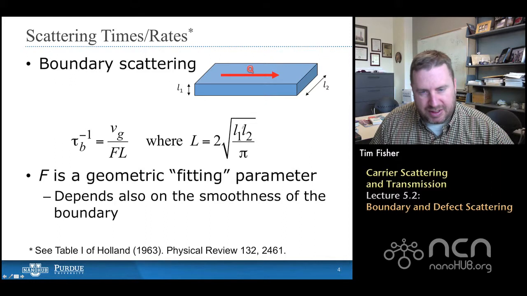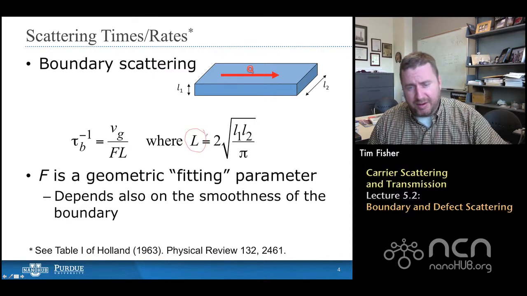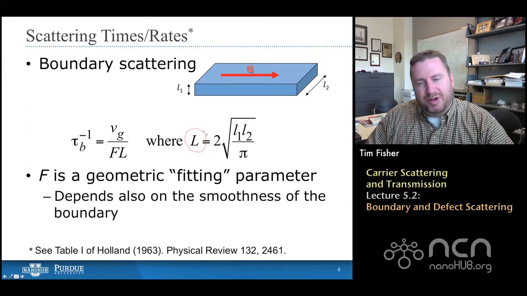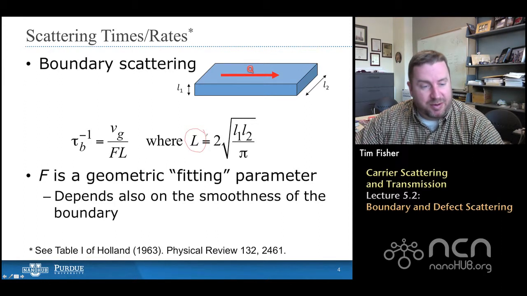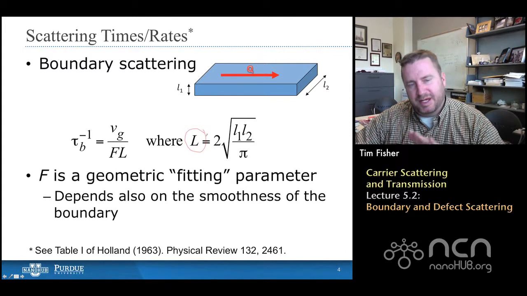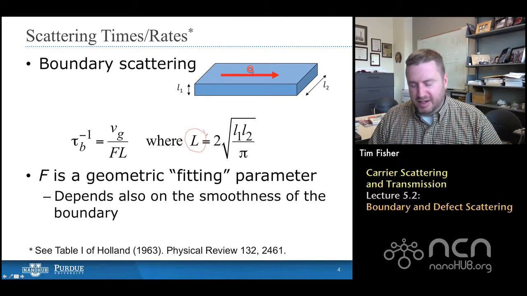Capital L is just sort of an averaging of a cross-section through which the heat is flowing, a characteristic length of that cross-section, I should say. And then, we are engineers, so there's often a fitting parameter, that's the capital F. There are a lot of other things that could happen with boundary scattering, but generally speaking, this is the first order approach for modeling. It's a velocity divided by some characteristic length scale.